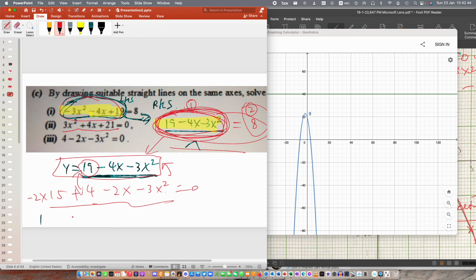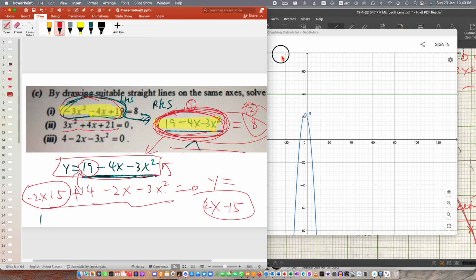So in order to solve this, what you need to do is bring this whole thing to the right hand side. So you will end up with 2x minus 15. So the line you join is y equals to 2x minus 15.